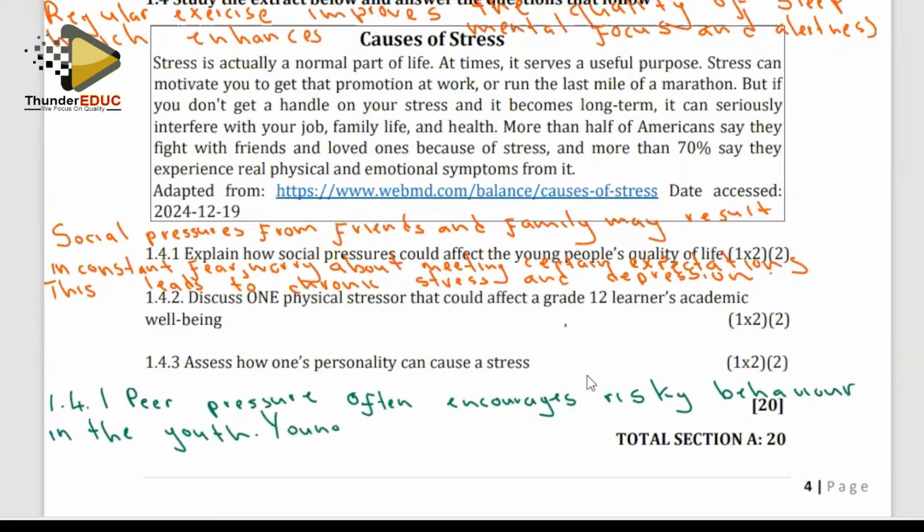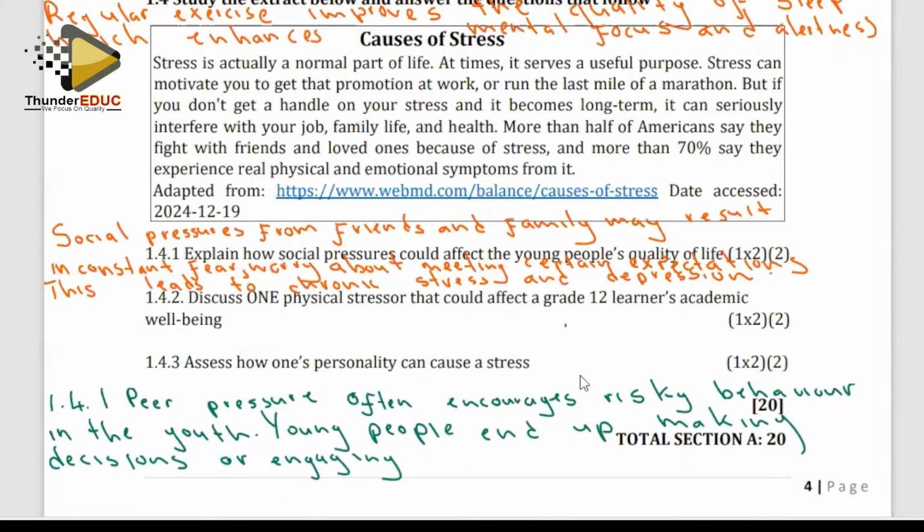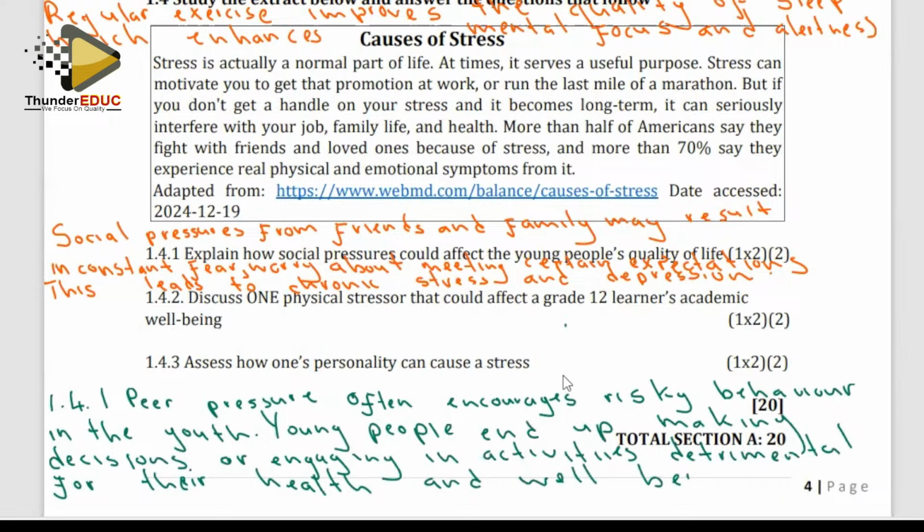Young people end up making decisions or engaging in activities detrimental for their health, activities which are not good for their health and well-being. So that is also another alternative answer for 1.4.1. We have two different alternative answers there.